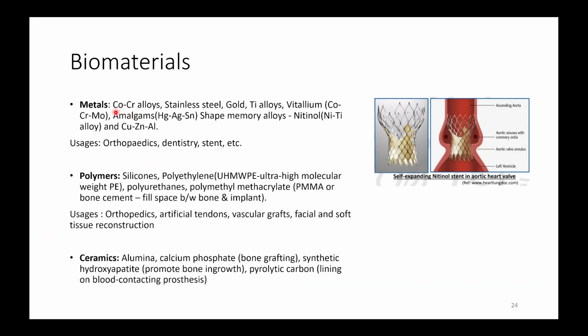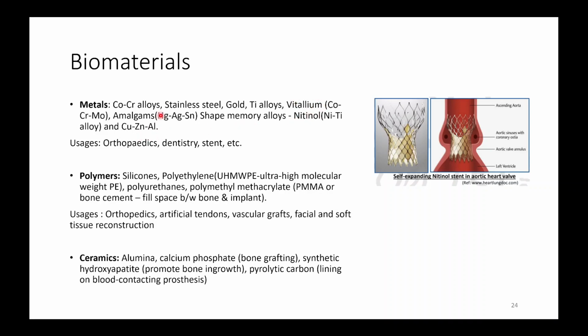Now, biomaterials can be made of either metals, polymers, or ceramics. These are some of the examples. So, cobalt and chromium alloys, stainless steels, gold, titanium alloys, these all should be highly corrosion resistant in nature. Otherwise, if it is corroding in our body, it can produce some toxins.